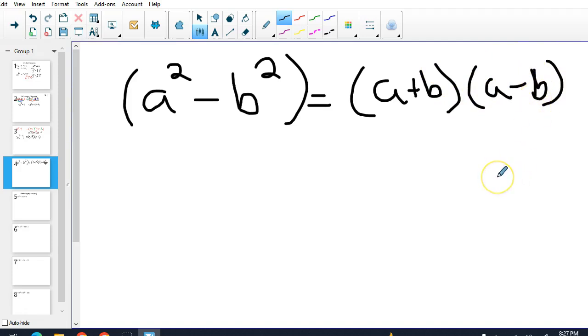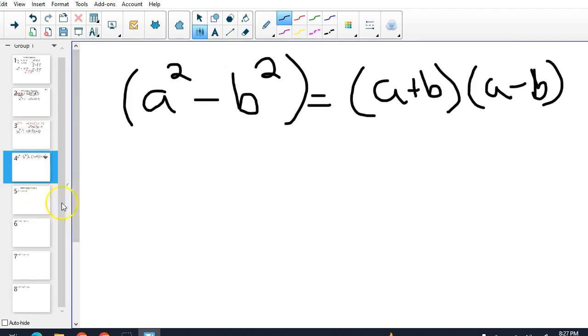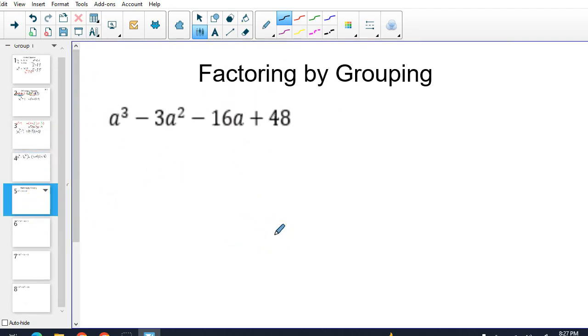Just heads up, this does not work with a plus. It's only a difference of squares, not a sum of squares. Sum of squares specifically will work with imaginary numbers, but we're not working with those. If we had a sum of squares, those two middle terms wouldn't cancel like we want. That's why it's only the difference of squares that works. Now, back to factoring by grouping.